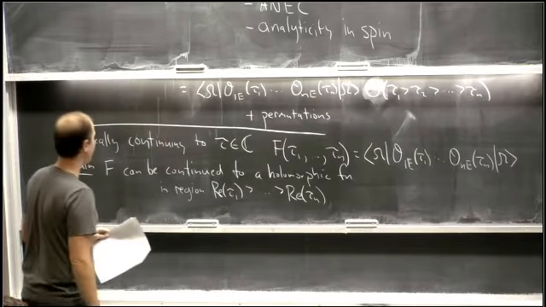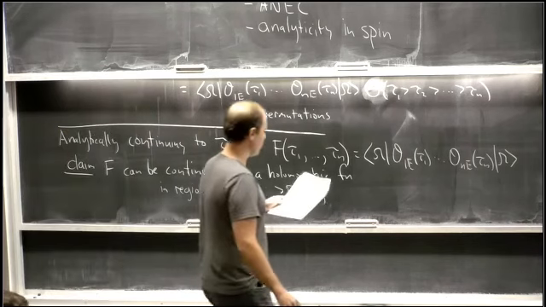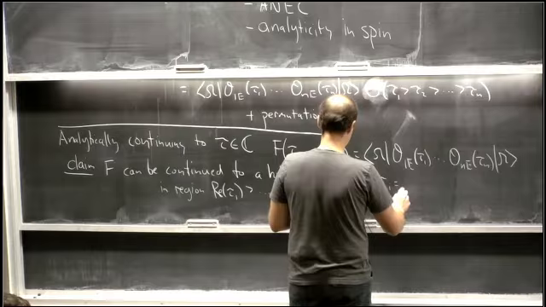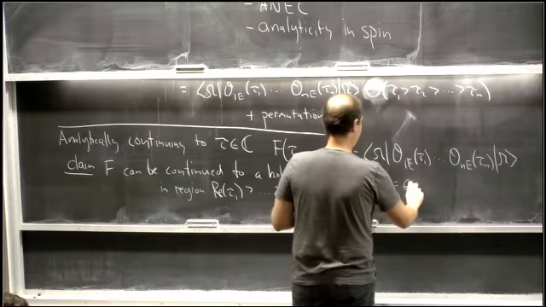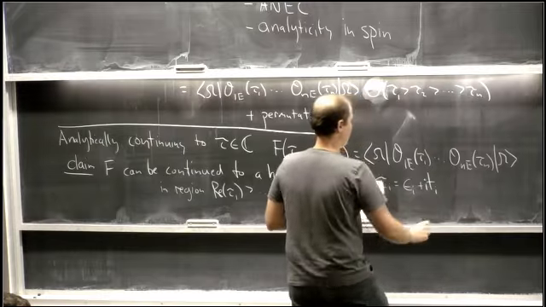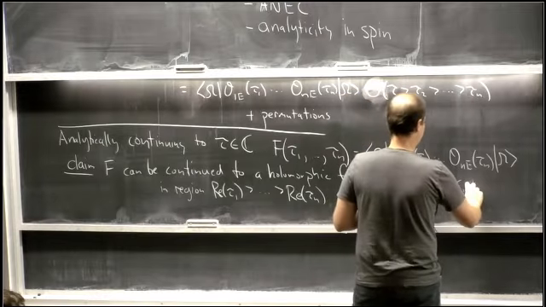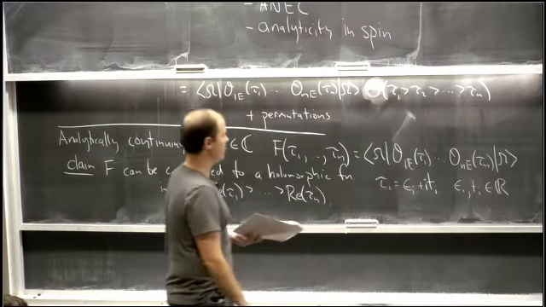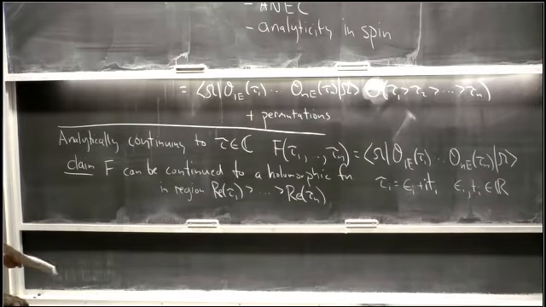So why is this true? So the idea is, let's just write tau I is equal to epsilon I plus I times t sub I, where epsilon I and t sub I are real. Okay, so this is just notation for the real and imaginary parts of tau.